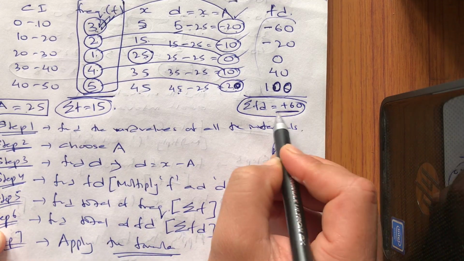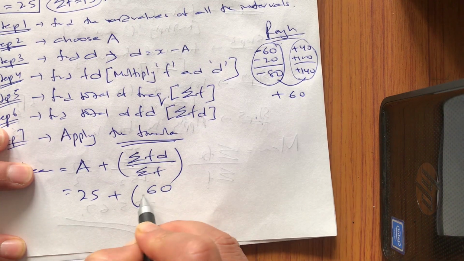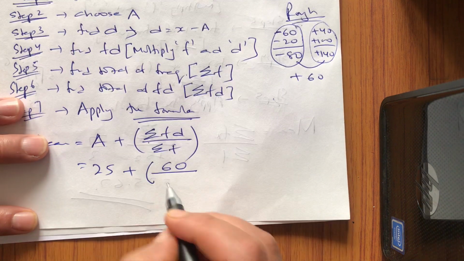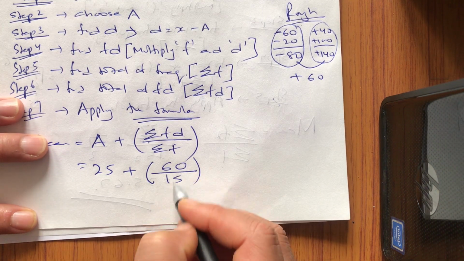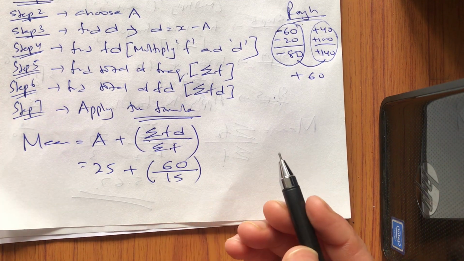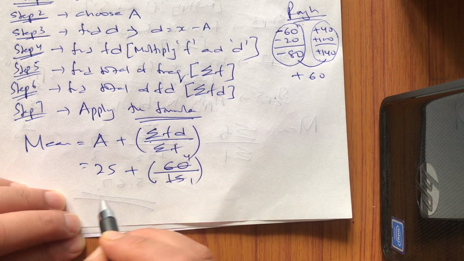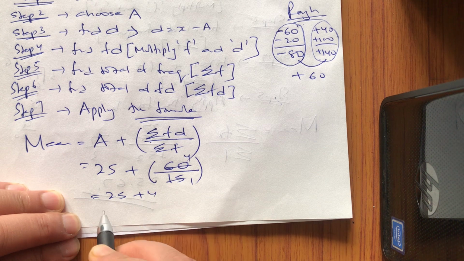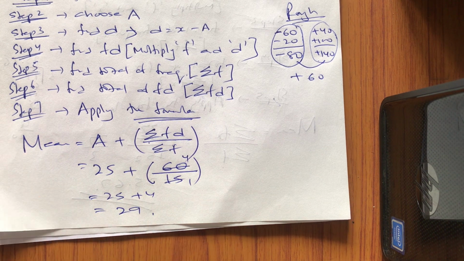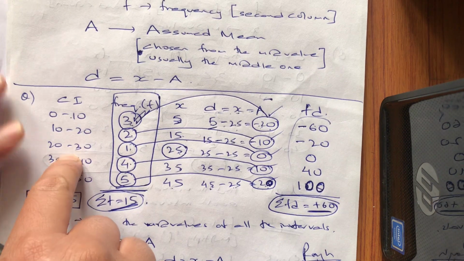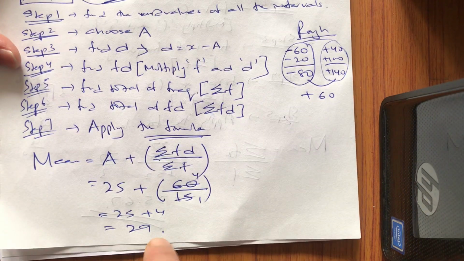We've already got the answer of sigma FD to be 60, divided by sigma F, we've already got it as 15. Okay, if they can be cancelled, cancel. If they can't be cancelled, you just divide, get it in decimals, but I think it can get cancelled. 15 ones are 15, 15 fours are 60, so we get 25 plus 4, we get the answer as 29. So the mean for this particular question, using a shortcut, was equal to 29.